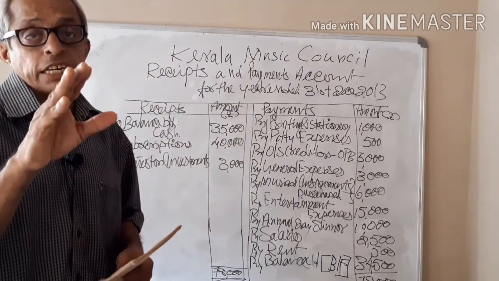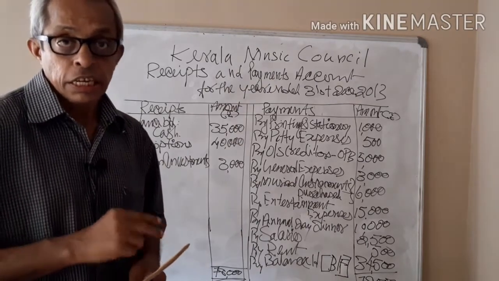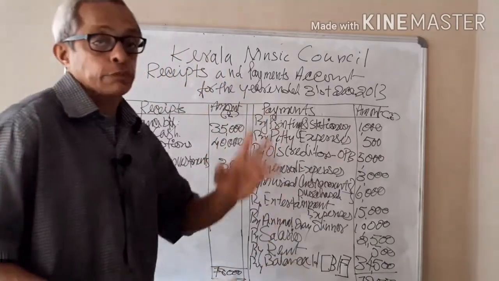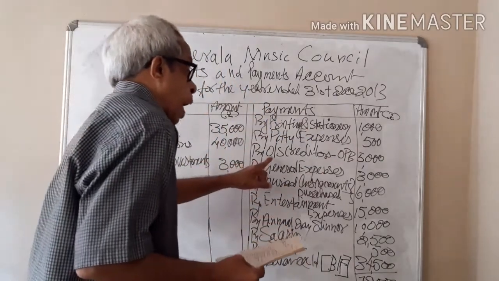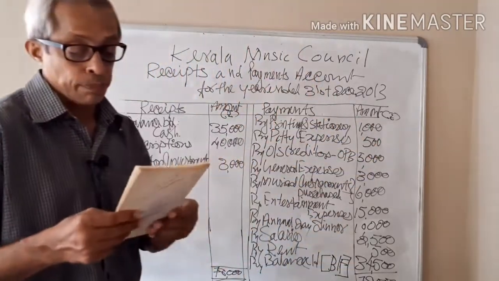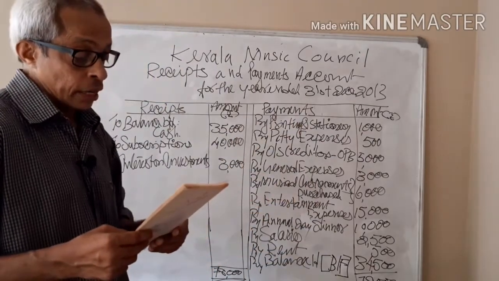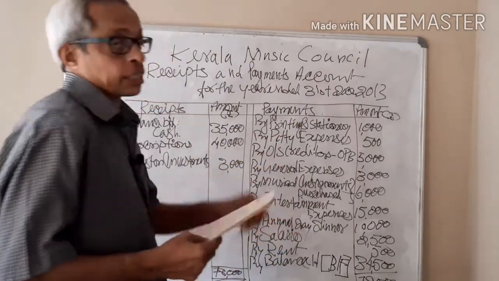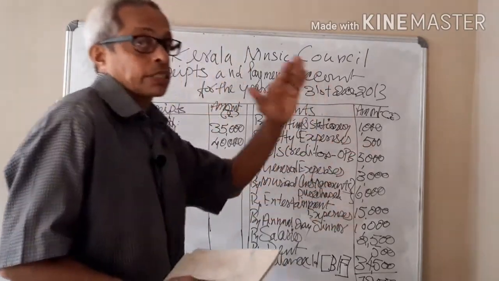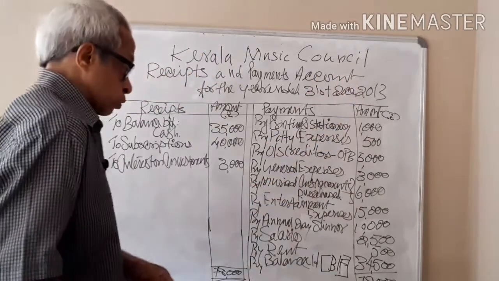Since nothing is stated about the opening balance of outstanding creditors, it is assumed that the amount given, 5,000, has been paid and is shown on the payment side. Then general expenses 3,000, and the musical instruments purchase, the asset purchased, is written as 6,000.